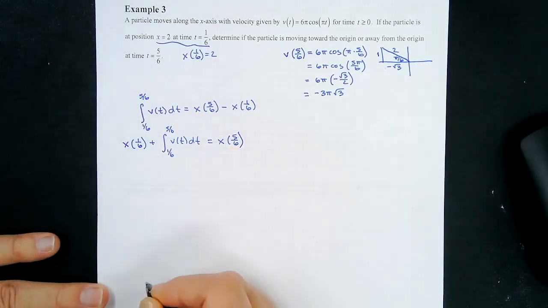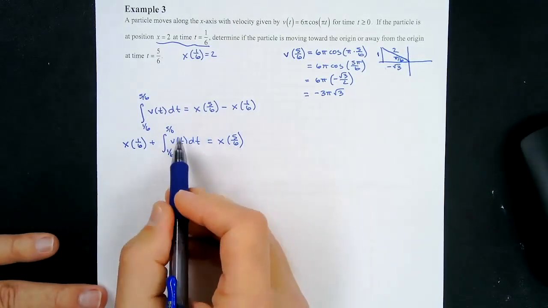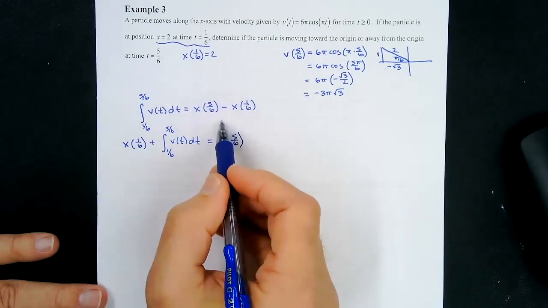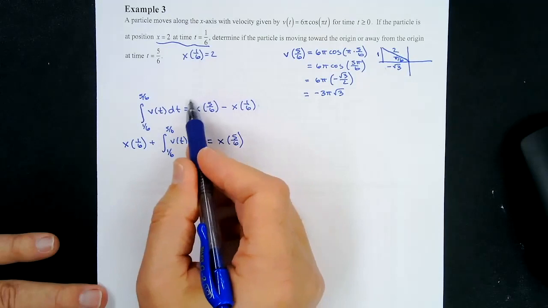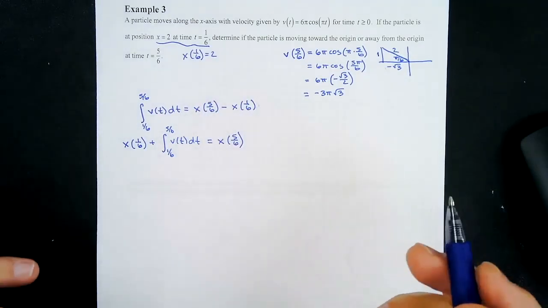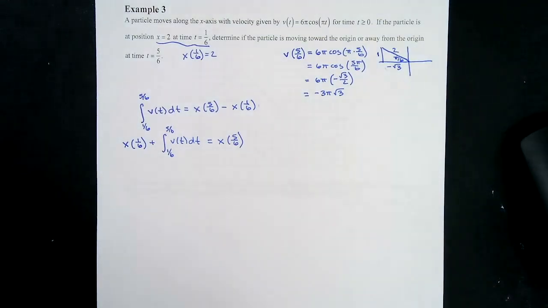There are other ways to explain it than the way I'm explaining: if you integrate velocity, it's the change in position, which we also call displacement. This whole thing together is called displacement. So you might hear other people explain it differently. That's all, it's just different.